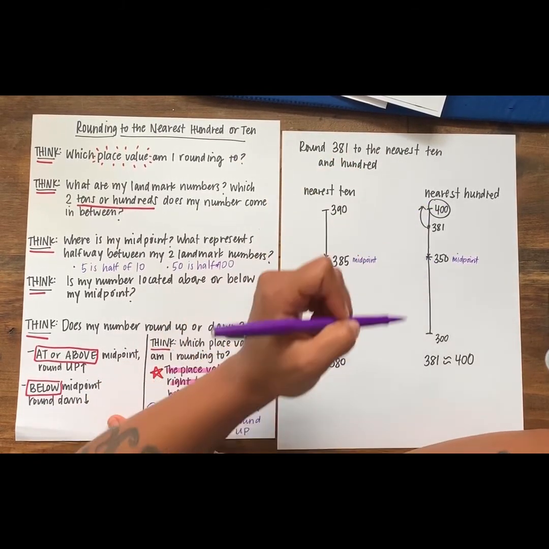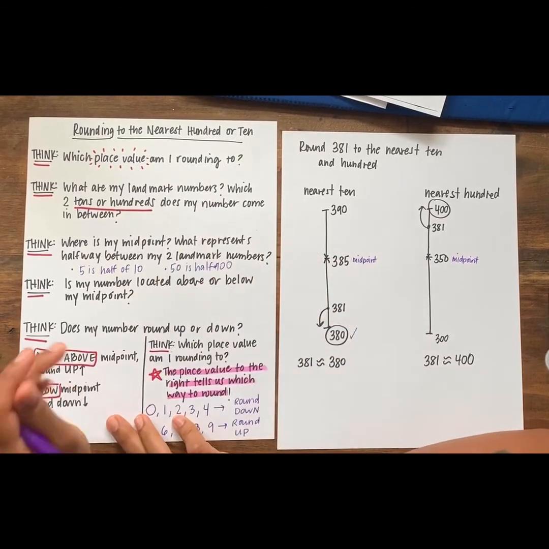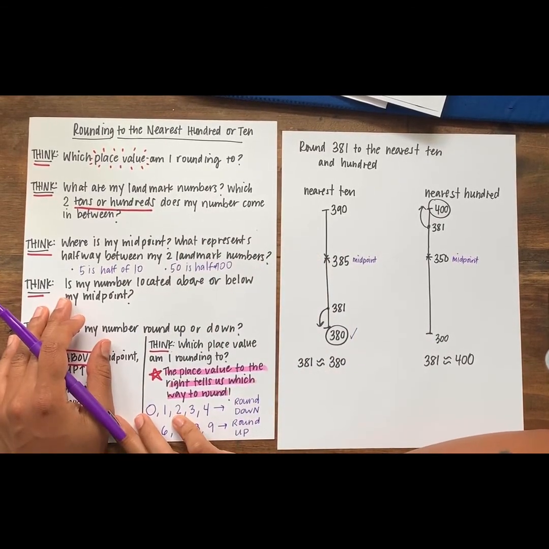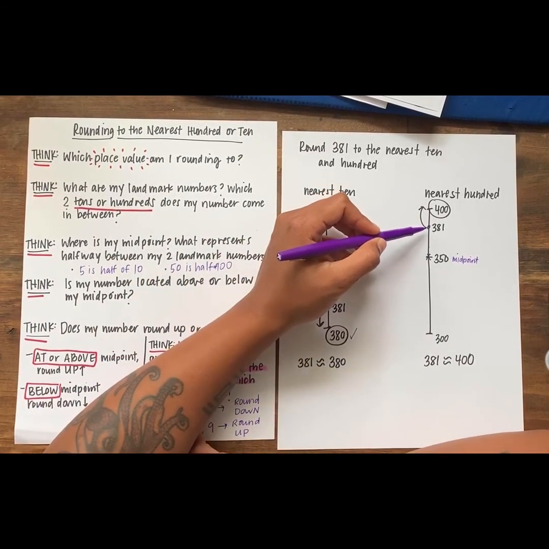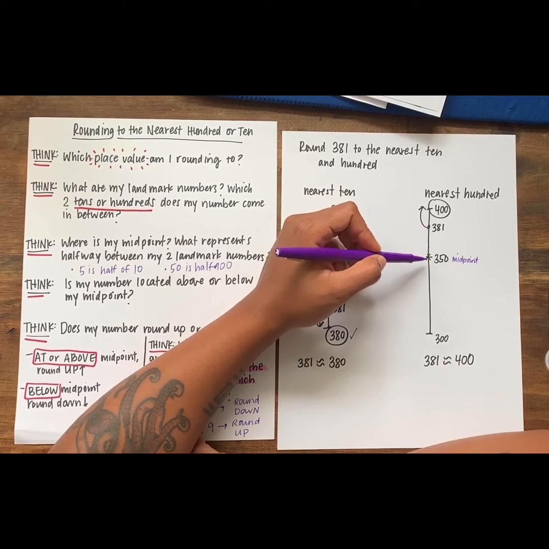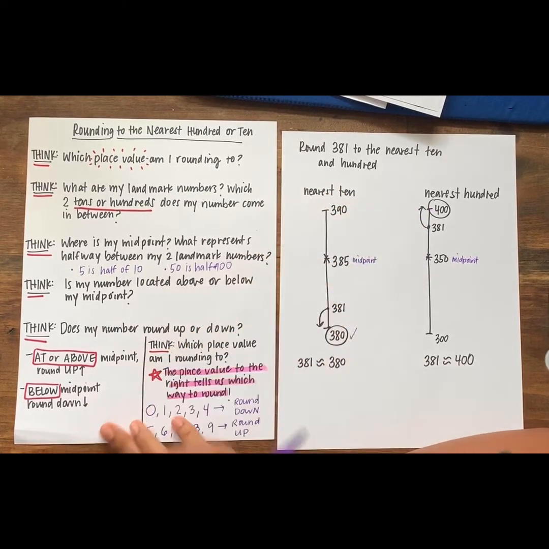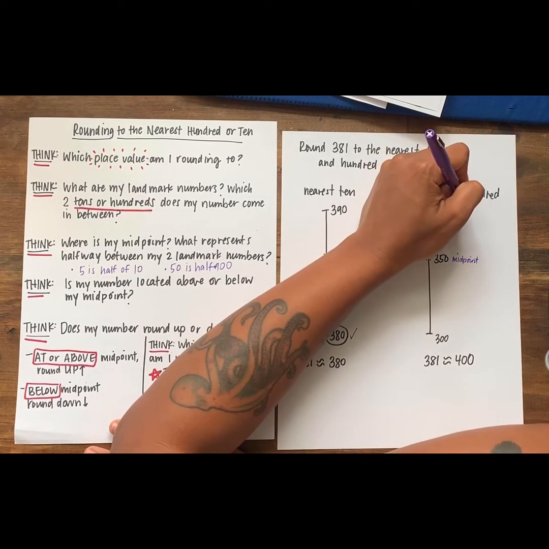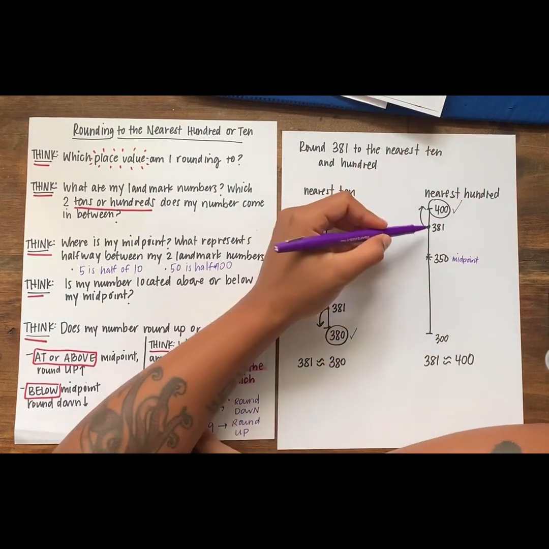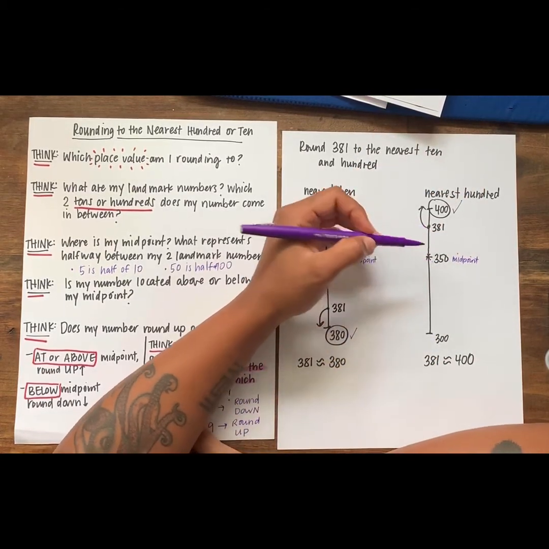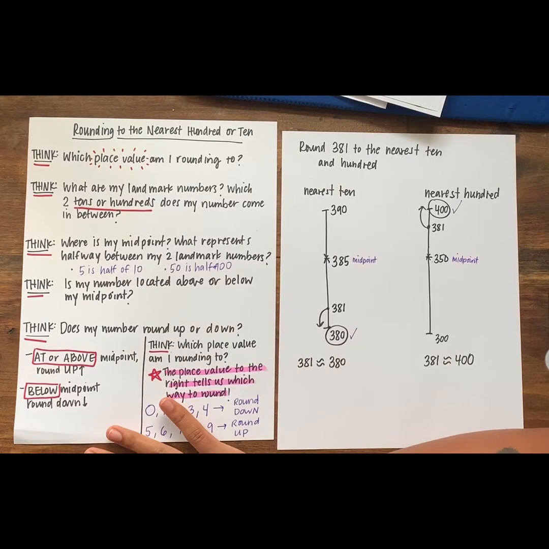And if we took 50 away from 350, we would get to 300. This friend placed 381 above the midpoint. Based on where they placed the number, where would we round 381? Yep, that's right. We round up to 400 because 381 is greater than our midpoint.